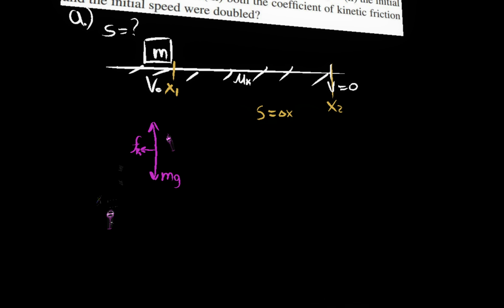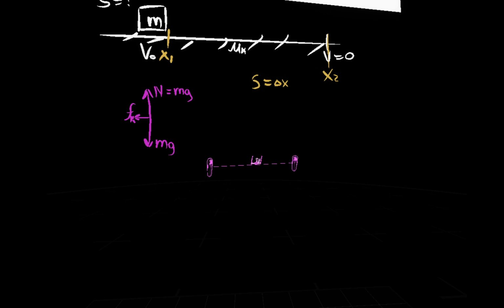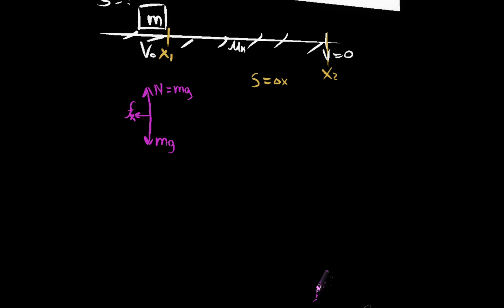It says he wants it in terms of g, so I'll write mg. This is the normal force. Normal force is going to be equal to mg as well because it's not going up or down. So I'll just write mg. It's obviously in a different direction, but that's the magnitude that it's equal to, just to get us going.